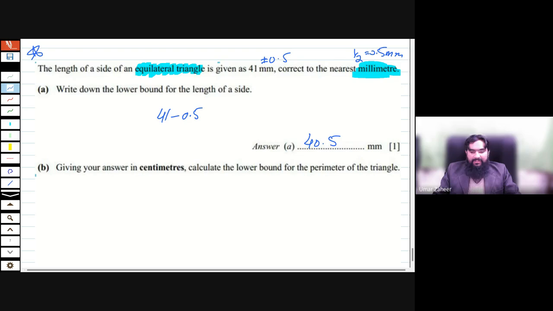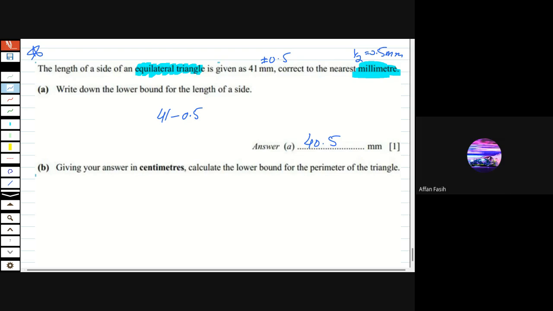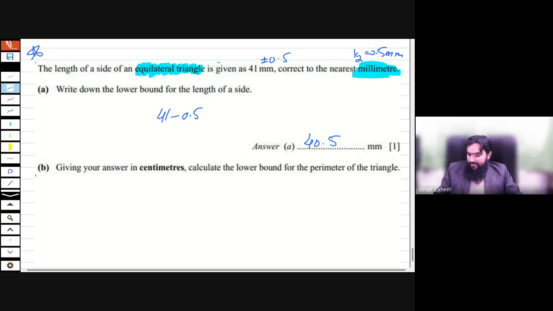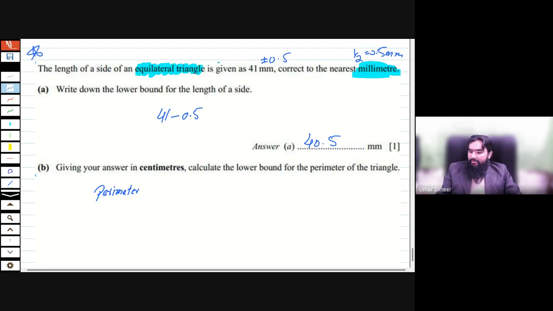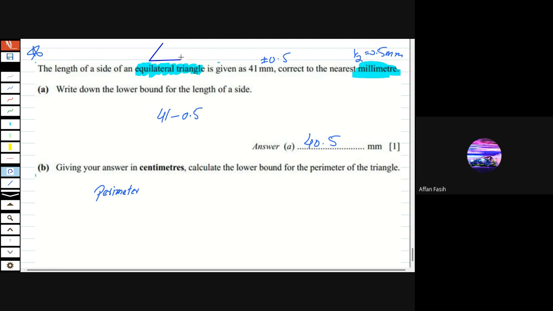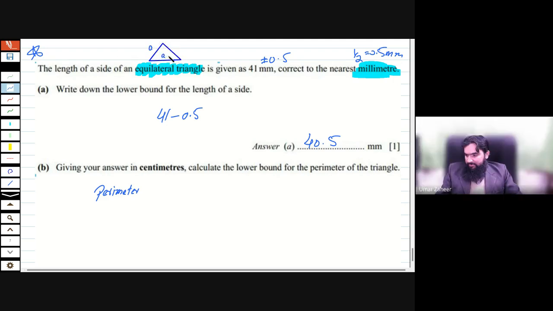A plus B plus C, you have to add all the sides. It is an equilateral triangle, which means all the sides are equal, so the perimeter is equal to 3 multiplied by A.